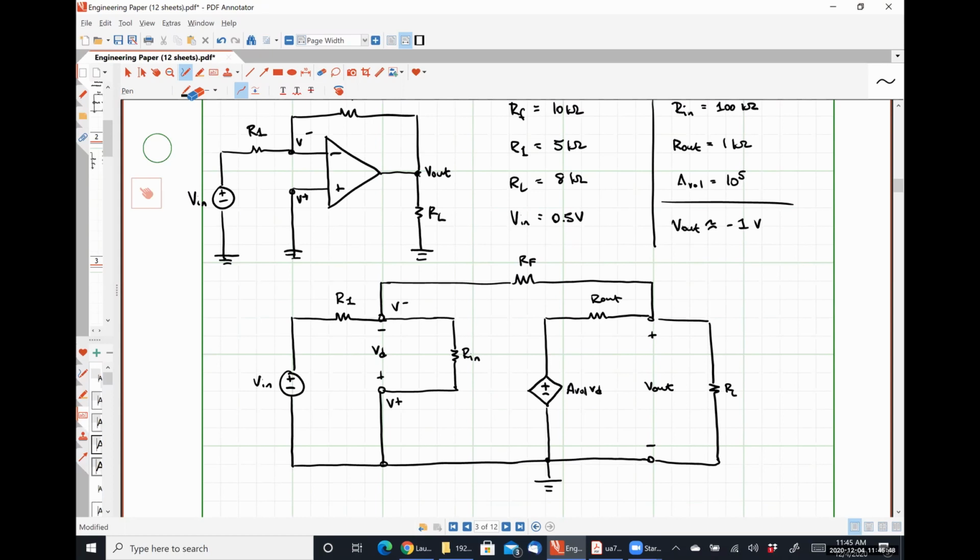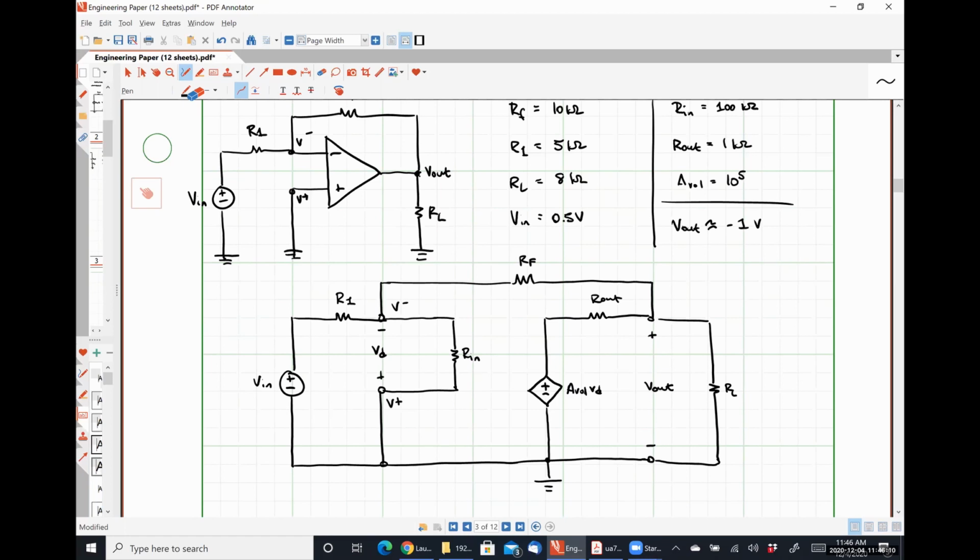I guess technically we could use mesh analysis, but mesh analysis is very rarely used in op-amp analysis, particularly ideal op-amp analysis, which is what we did in Circuits 1. So I'm going to hold to that tradition, and we're going to do nodal analysis here, okay?